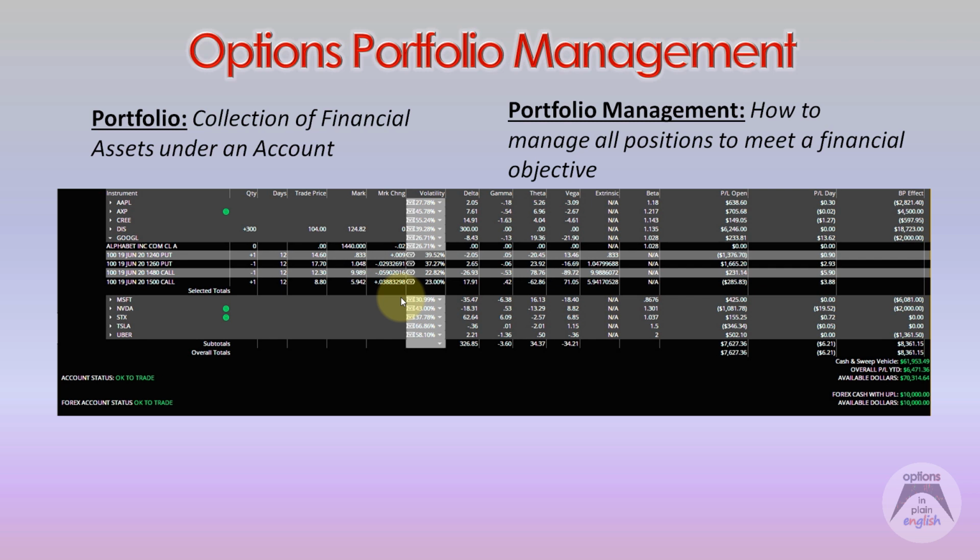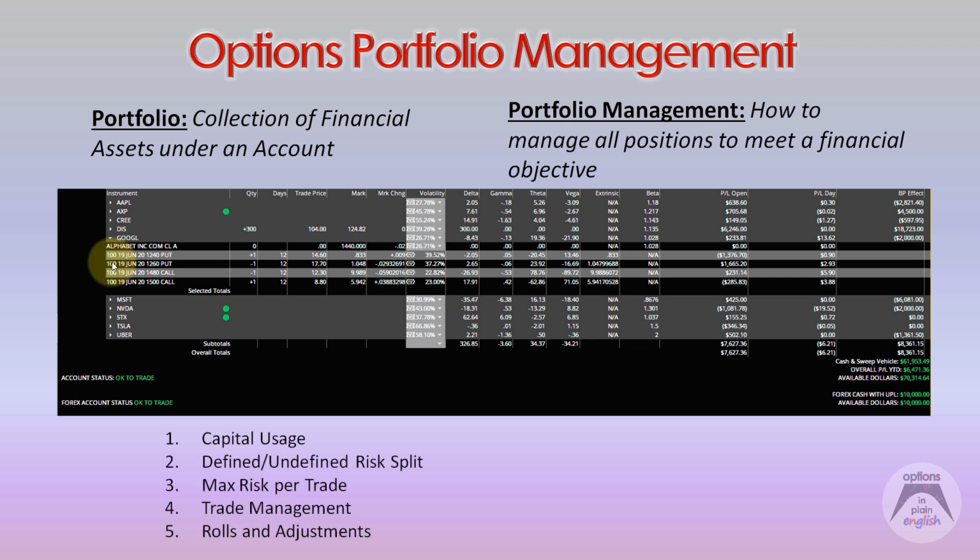In this case, what we're going to do is look at how to manage an options portfolio without focusing too much on the individual positions, but just looking at a portfolio as a whole and how it can help us achieve whatever objective we want from our portfolio. To do this, we're going to take a look at capital usage. We're going to look at defined and undefined risk split.